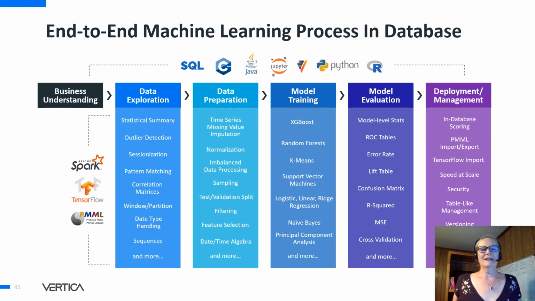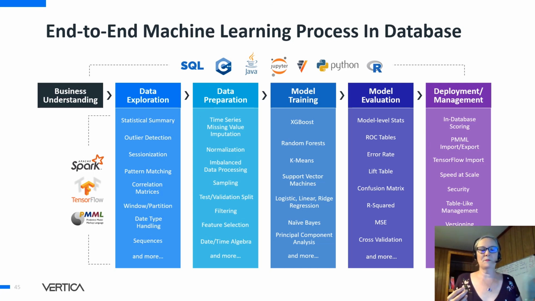So, end-to-end machine learning process in the database: data exploration, data preparation, training your model, evaluating your model, deploying your model, scoring your model, all inside the database. And I can use what makes me most comfortable. I can use SQL, I can use Python in a Jupyter notebook, I can use R, and I can import and export PMML from other things.